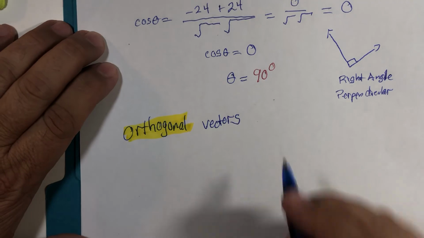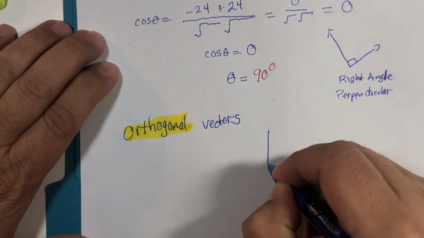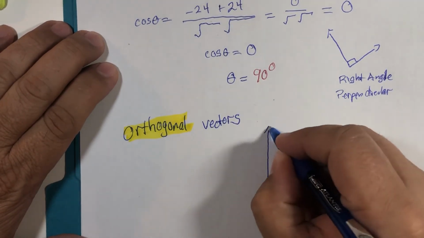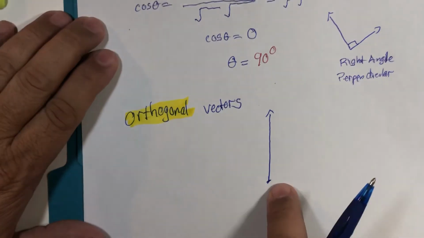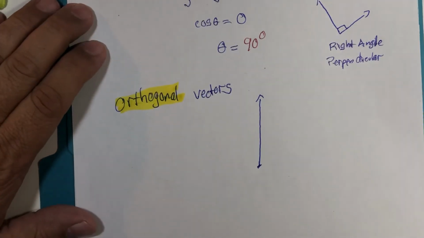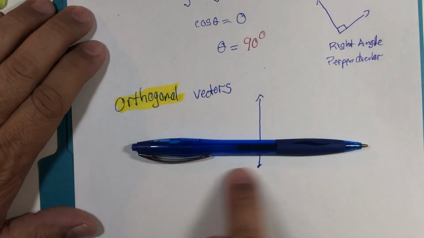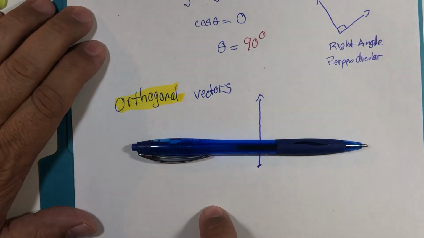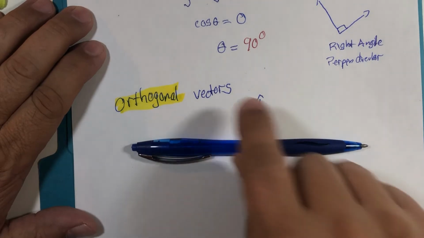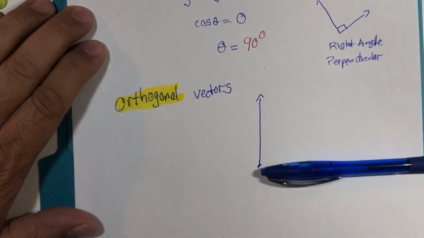So let's just suppose that this is a vector. Let's just suppose this is a vector. Remember, vectors don't have to have a specific location. So this vector would be perpendicular to that vector in my geometry world. And this vector would be perpendicular to that vector in my geometry world.